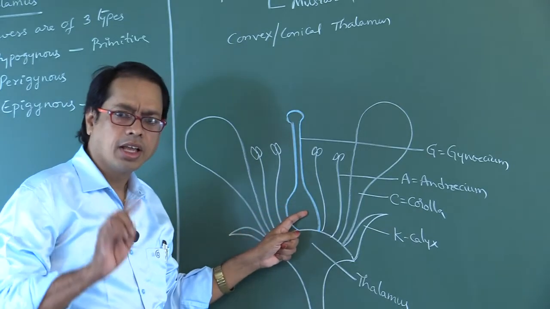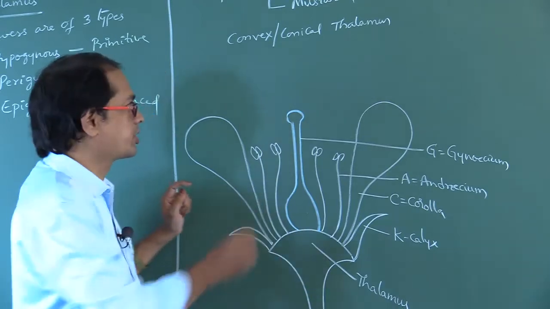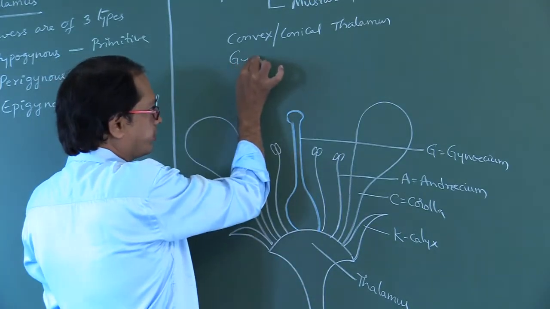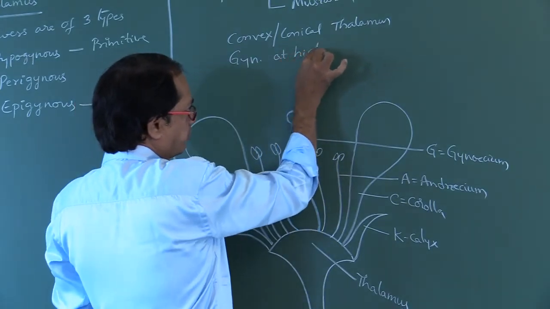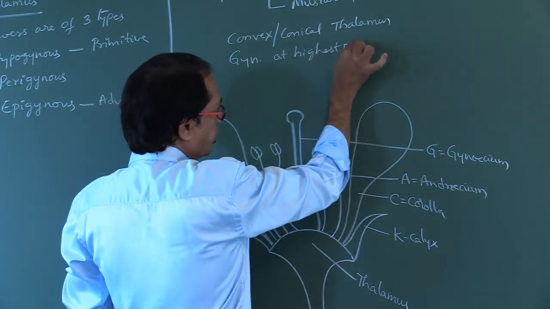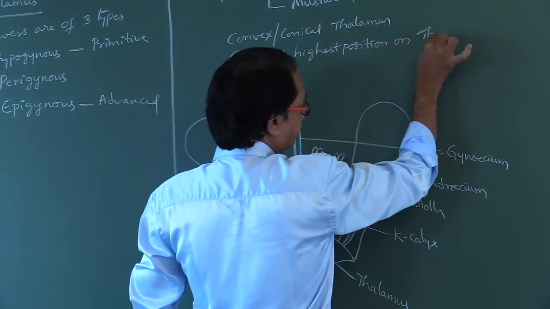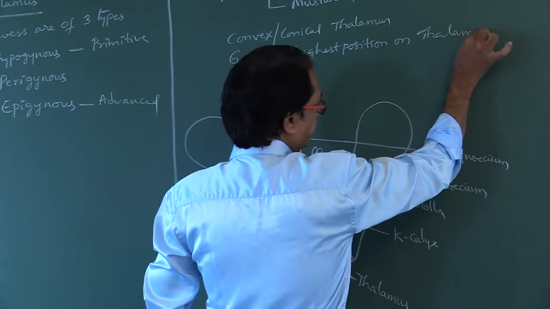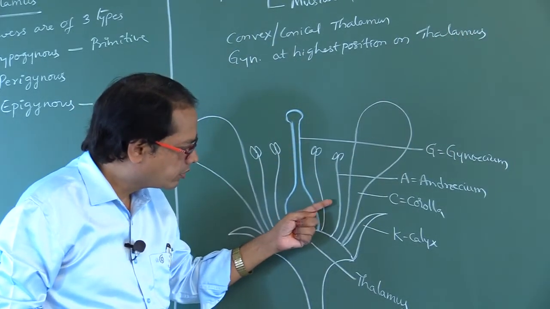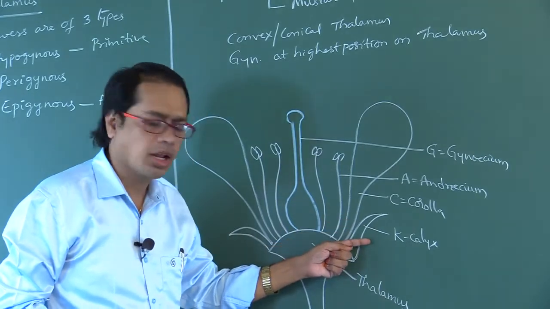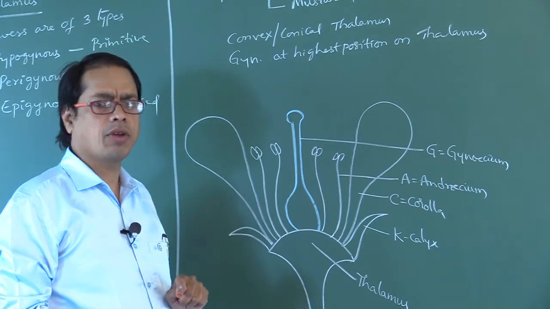Gynoecium is at highest position on thalamus, and remaining floral parts like androecium, corolla and calyx are present below the ovary, below the gynoecium or ovary.